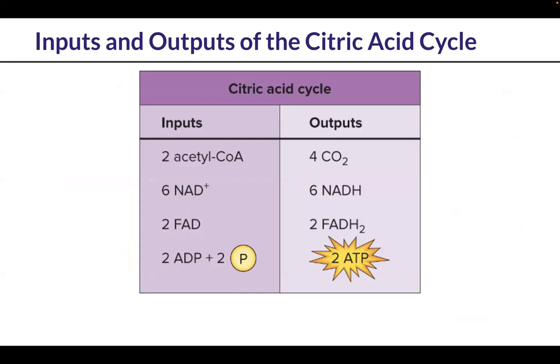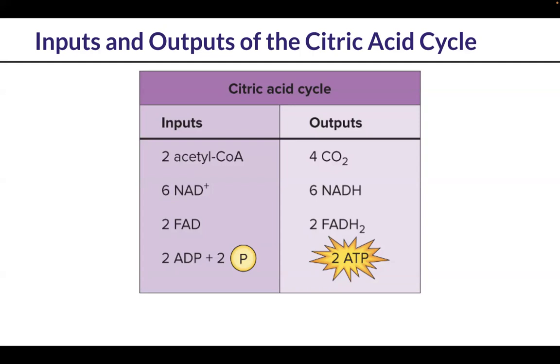Anyway, sorry guys. The input is 2 acetyl-CoA, 6 NAD plus, 2 FAD, right? So these are our electron carriers that we're going to add electrons to, and our ADP. So our output is going to be the carbon dioxide, which you saw was made during that cycle, one at a time, but we go through it twice.